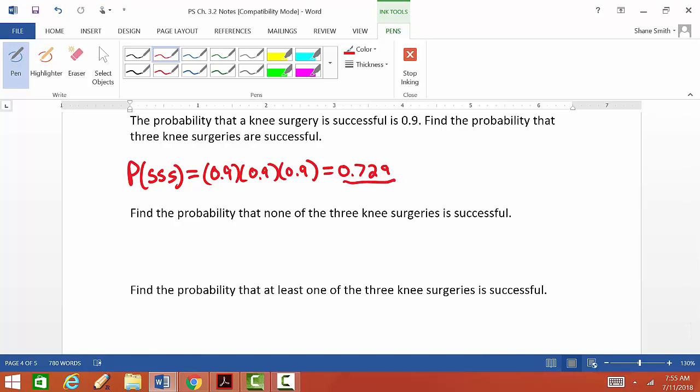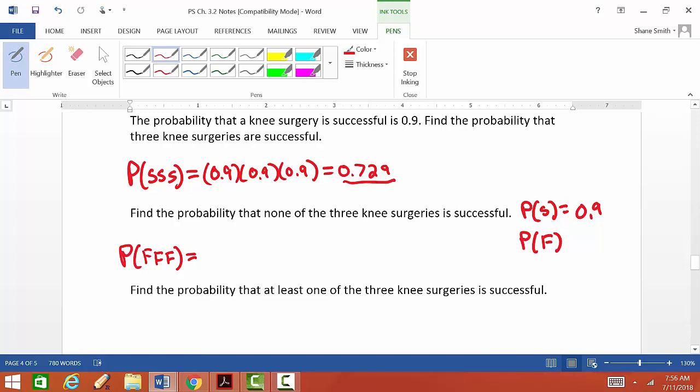Okay, let's find the probability that none of the 3 knee surgeries is successful. Well, this is the probability of, instead of writing S prime 3 times, I'm just going to write 3 F's for failure. If the probability of a successful knee surgery is 0.9, the probability of a failing knee surgery, well, you either succeed or you fail.